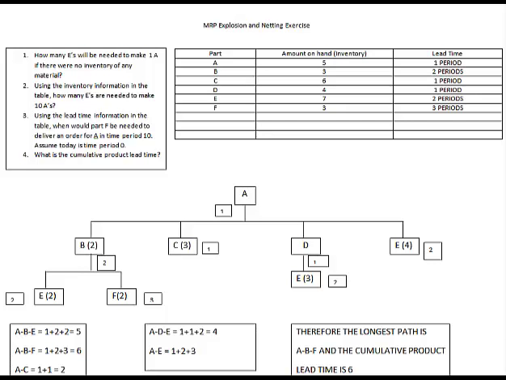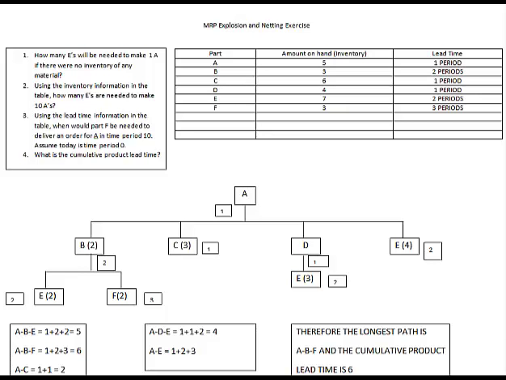Now we're going to do one final thing on this little exercise here, and that is going to be number 4 in the list. And the question is, what is the cumulative product lead time? And the definition of the cumulative product lead time is this. What is the longest path, taking into consideration all the lead times?